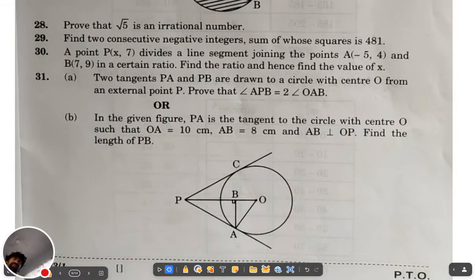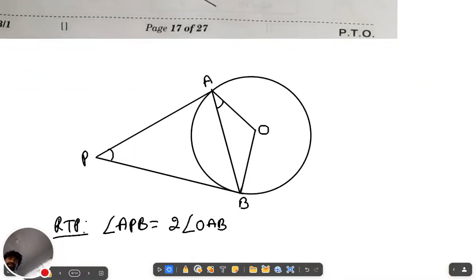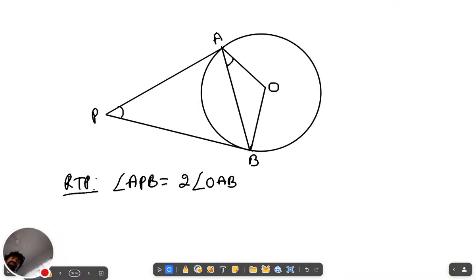Yes, angle APB is 2 times OAB. So the angle between the tangents is double the angle between the radius and chord.